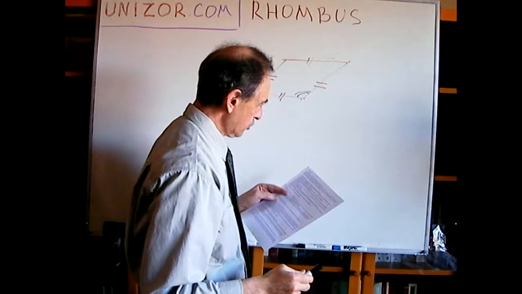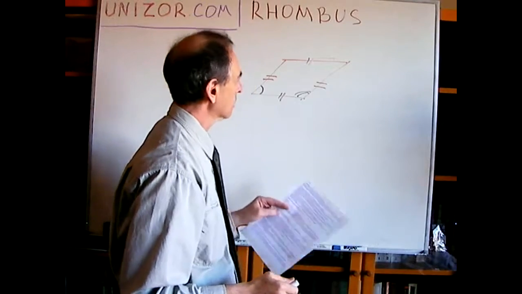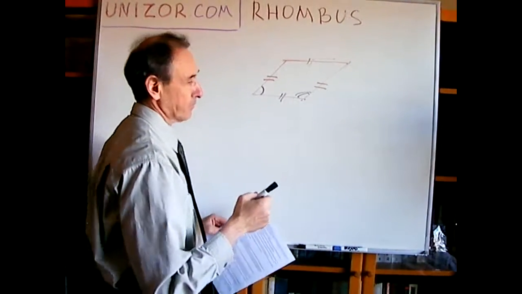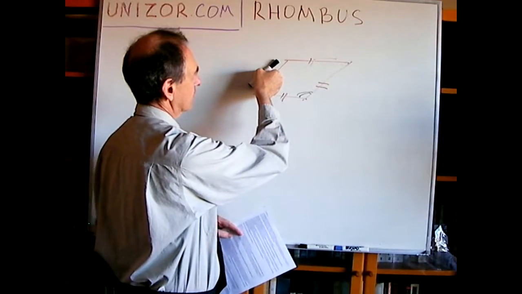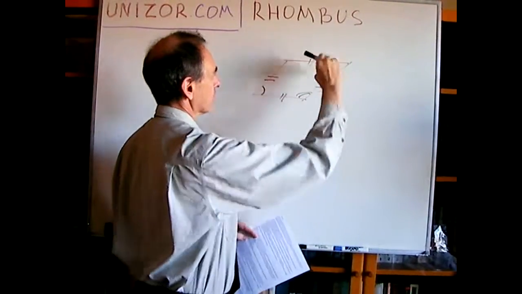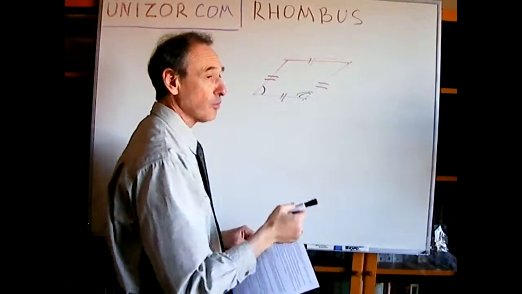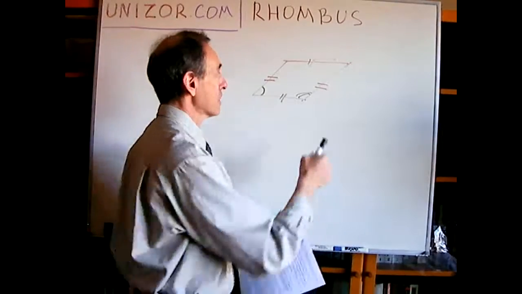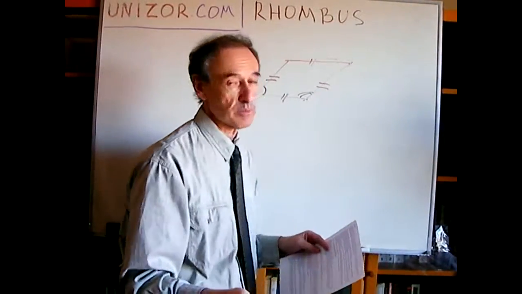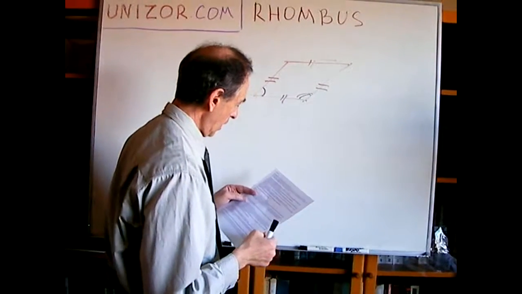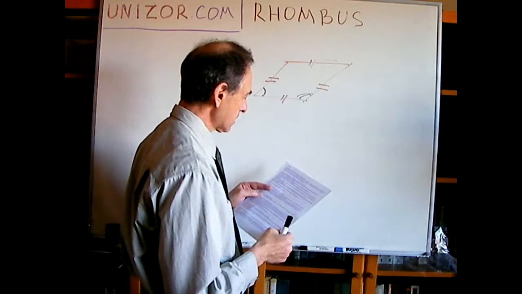Next, if two pairs of opposite sides are congruent, then this is a parallelogram. Okay, so we have proven that if this side is congruent to this, and separately this to this, then it's a parallelogram. Well, in rhombus, we have actually defined the rhombus as four sides being congruent. So that's why rhombus is obviously a parallelogram. Opposite angles are congruent.